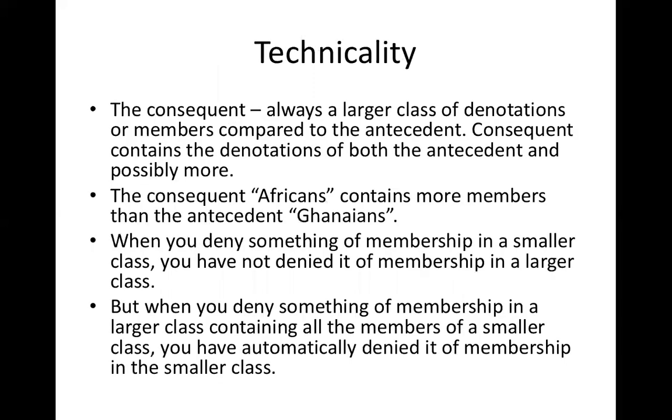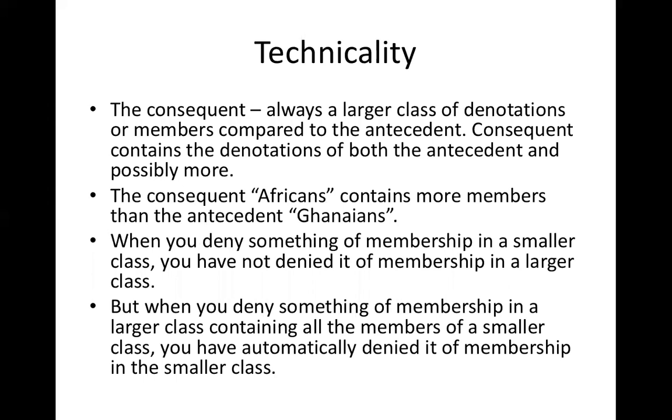Now, the technicality is that the consequent is always a larger class of denotations or members compared to the antecedent. The consequent contains the denotations of both the antecedent and possibly more. So the consequent, Africans, contains more members than the antecedent, Ghanaians.